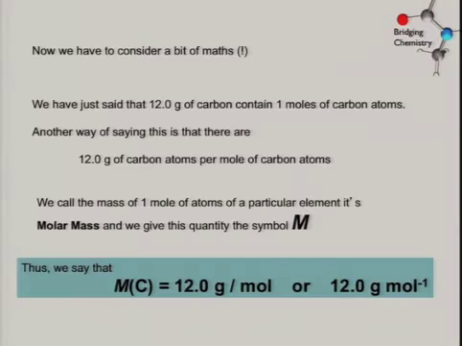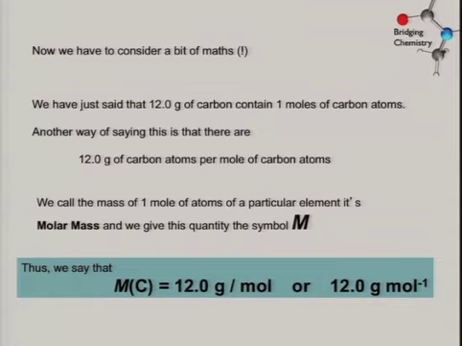So that's what it says there. Now, another way that we can say that is that there are 12 grams of carbon atoms per mole of carbon atoms. Yeah? And you might need to read that through a few times to convince yourself that that's right. It's just another way of saying the same thing. Every mole of carbon atoms contains 12 grams. Every 12 grams of carbon atoms contains 1 mole of atoms. Yeah? It's just saying the same thing but round the other way.